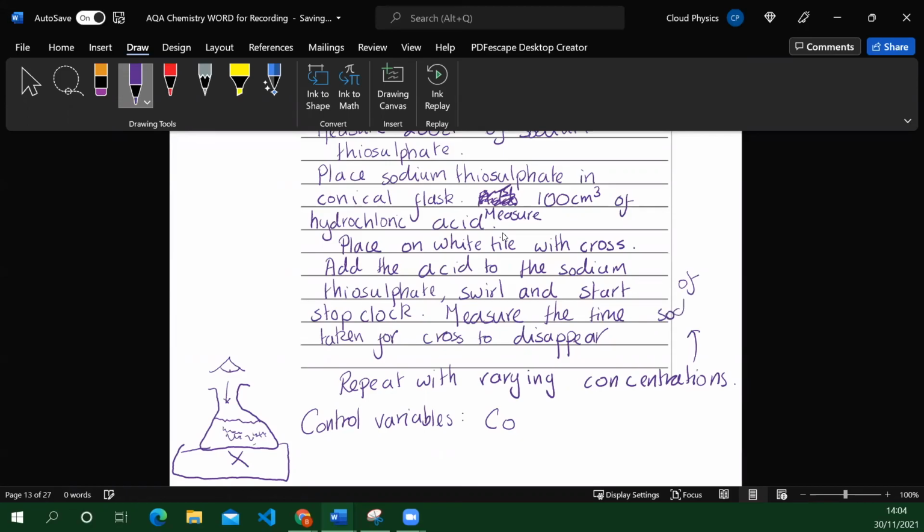I'm going to make it a little bit clearer here. Thiosulfate. Okay, so control variables would be concentration of the acid. So you need to use the same volumes each time. So volume of sodium thiosulfate plus HCl, so total volume for them.